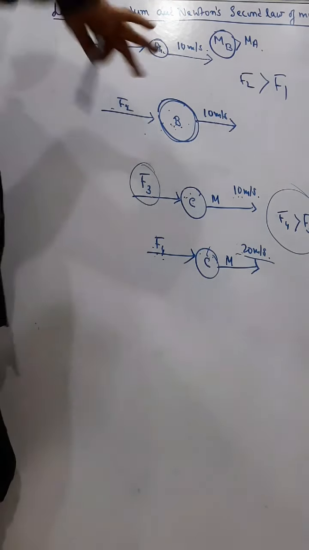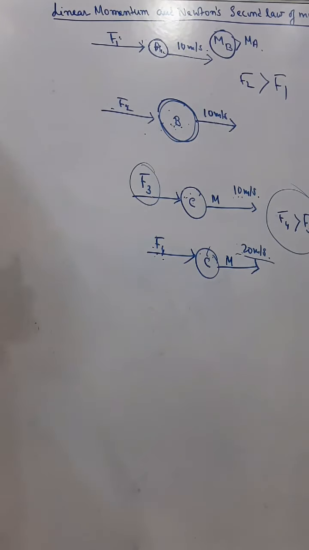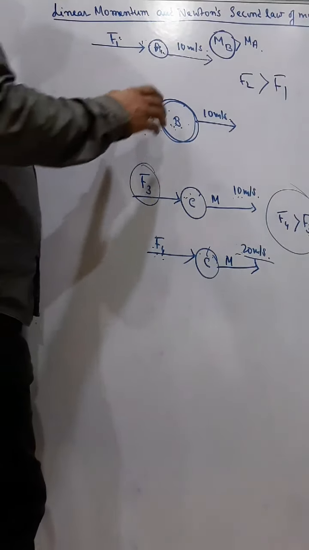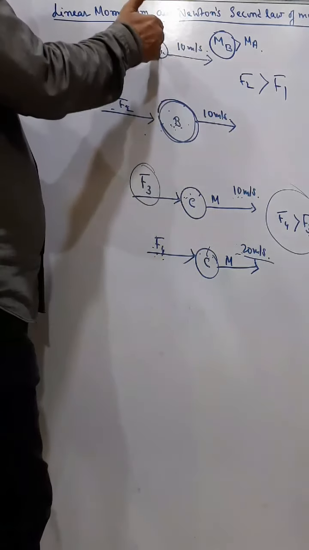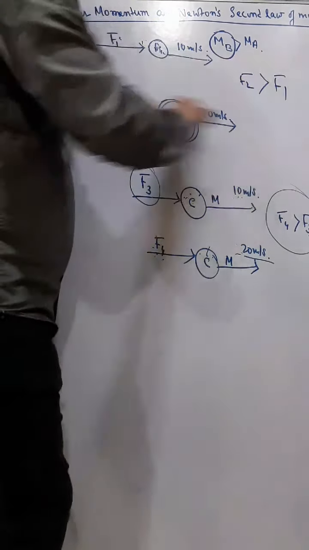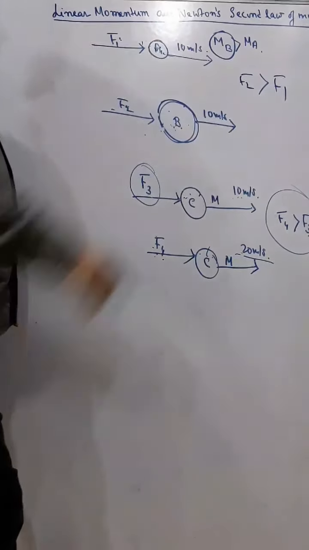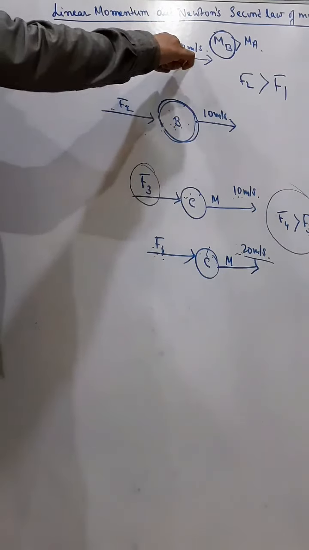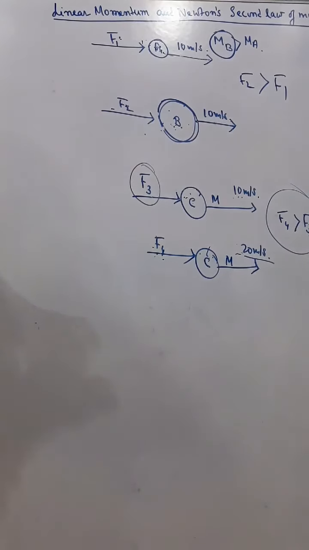Okay. Now the converse is also true. Converse is also true means, now imagine that we come back to these two bodies. Now these two bodies are moving. This is moving at 10 meter per second and this is also moving at 10 meter per second.